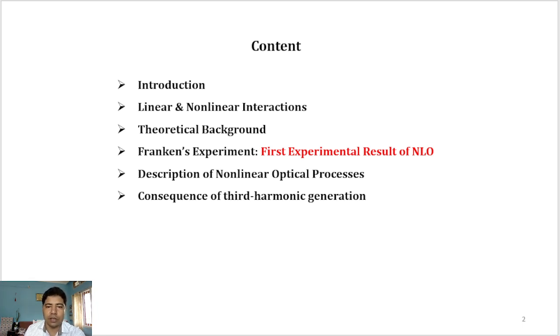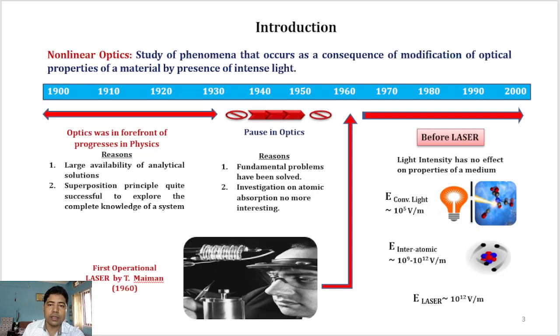Then we'll discuss a little about nonlinear optical processes, second harmonic generation, third harmonic generation, etc. And the consequence of third harmonic generation will be given at the last in this part. So we are going step by step.